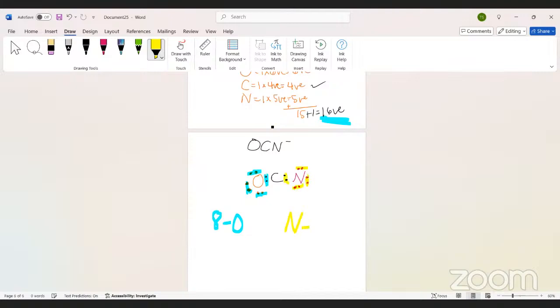So nitrogen is like, oh, I'm good too. I got 8 too. Which one of these elements is complaining and why? Asia, why is carbon complaining? Yes, Lydia is correct, because it has 4. Where is it going to get the 4 from?